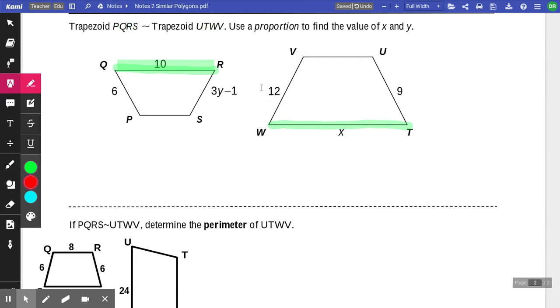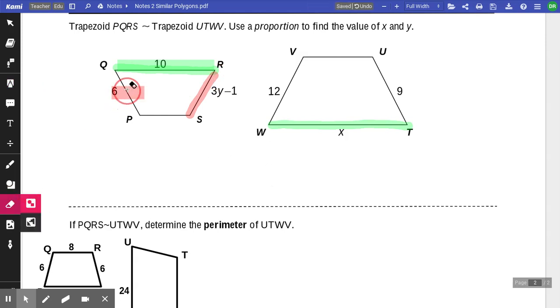So we also have the task of solving for y, and if you look at this side over here, we have a 3y minus 1. The question becomes, which side over here corresponds to 3y minus 1? Is it the 12 or is it the 9?